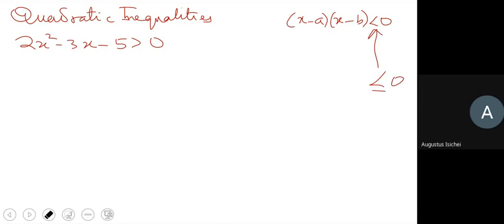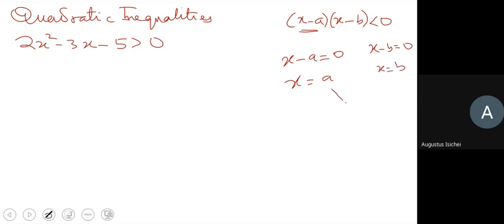You bring the expression in the first bracket, x minus a, equate it to 0, and solve for x. Bring the expression in the second bracket, x minus b, set it to 0, and solve for x equals b. Then compare the two answers, a and b.